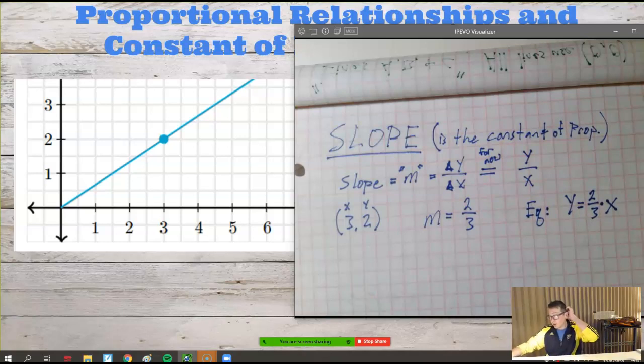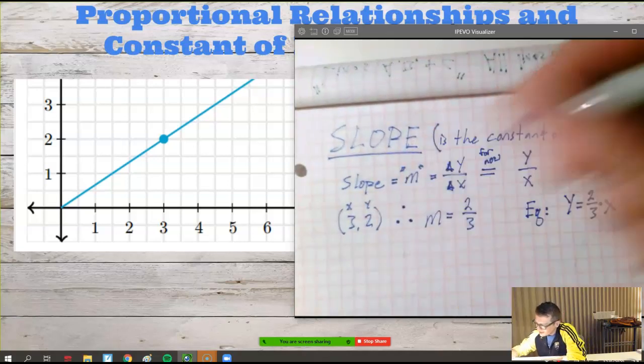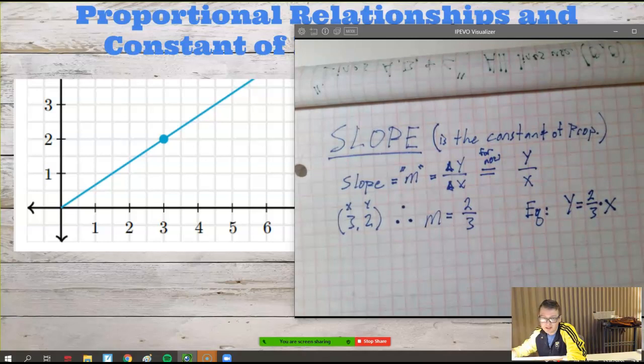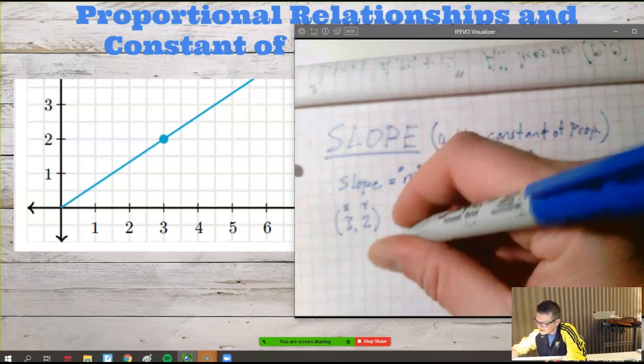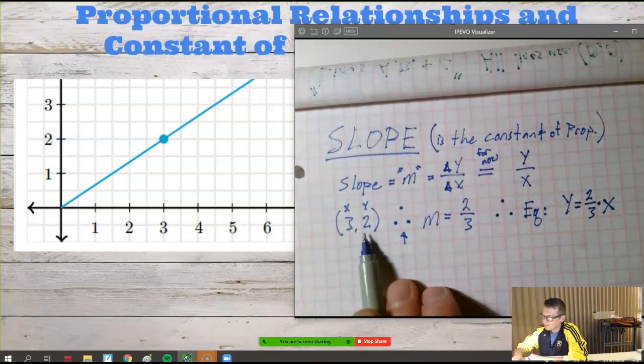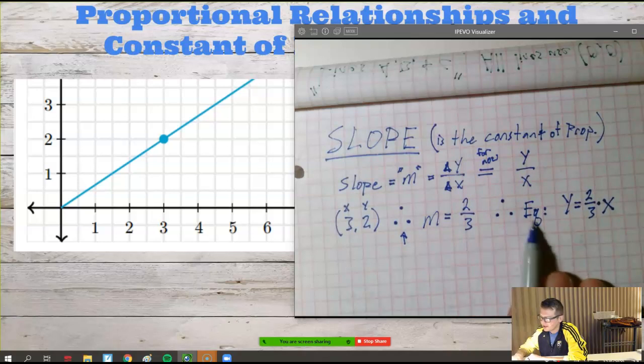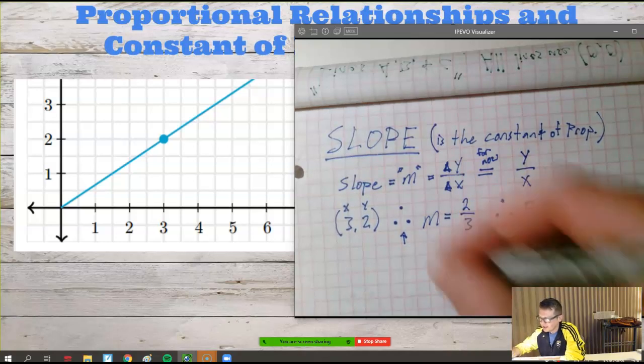I'm going to throw one more math symbol at you because it's going to make taking notes easier. Has Mr. Cabilo showed you that in science yet? A triangle made with 3 dots? Does that mean therefore? Yeah! I'm so glad you guys already know that. So we can start using that in math and say if the point we have is 3, 2, therefore the slope is 2/3, and therefore the equation is y equals 2/3 x.